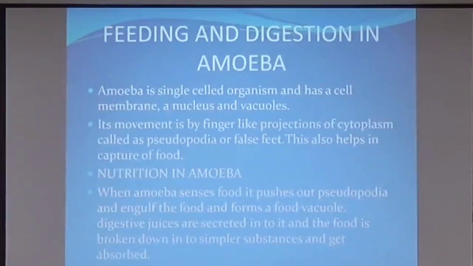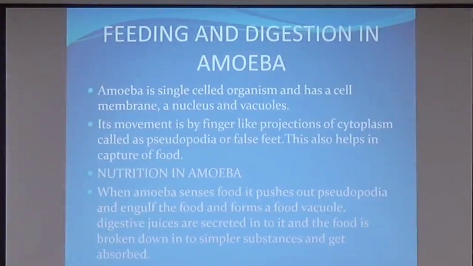Now, how do feeding and digestion take place in very small microscopic organisms like amoeba? You know that amoeba is a single-celled organism and has a cell membrane, a nucleus and vacuoles. Its movement takes place by finger-like projections called pseudopodia.